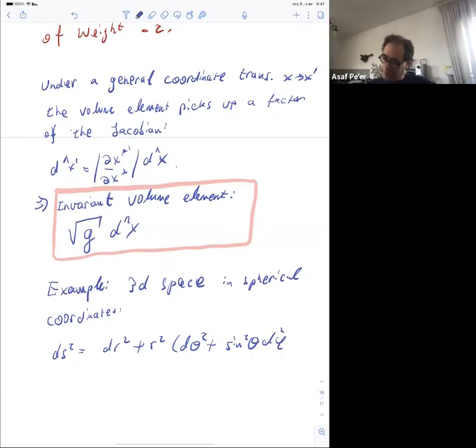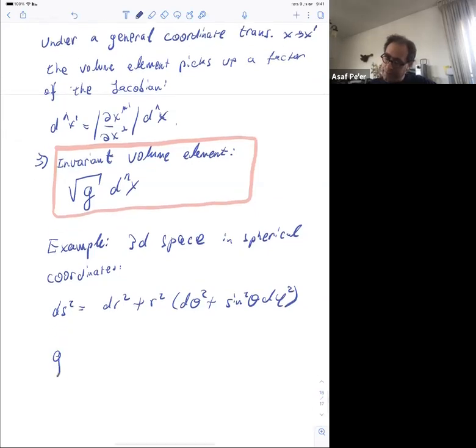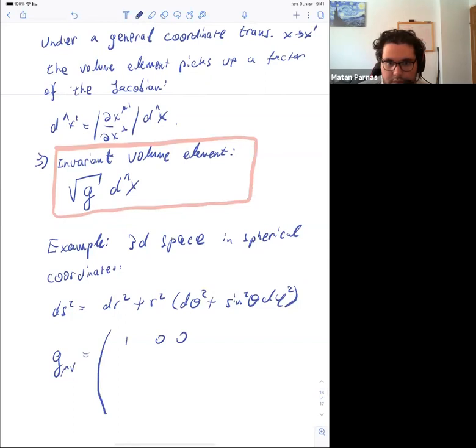Very good. So what is G? It's 1, 0, 0; 0, r squared, 0; and 0, 0, r squared sine squared theta.